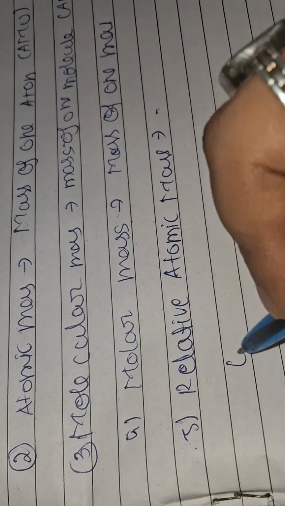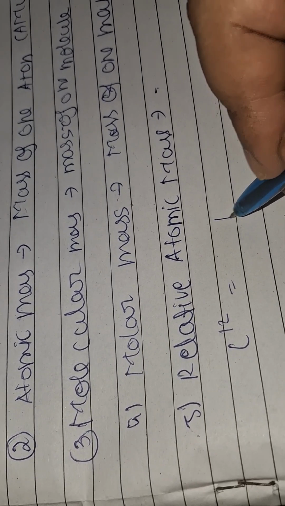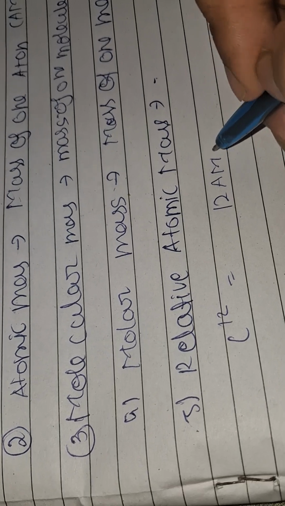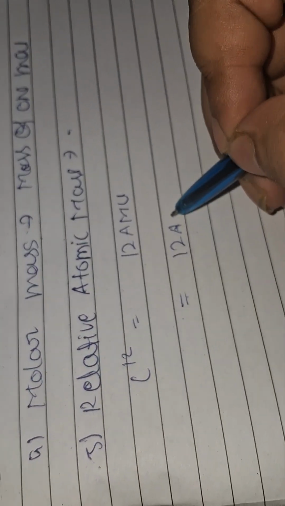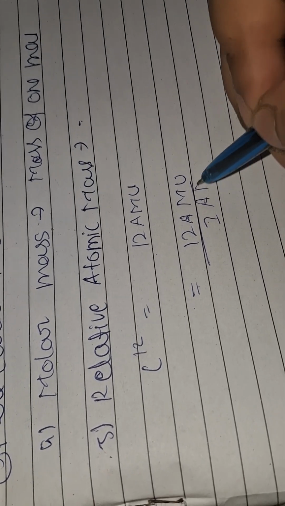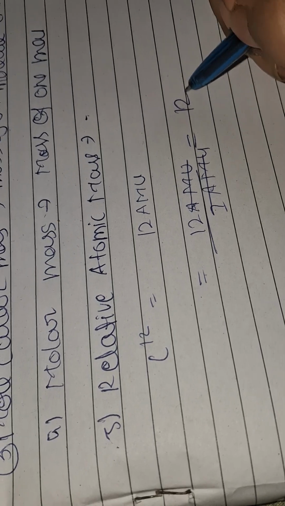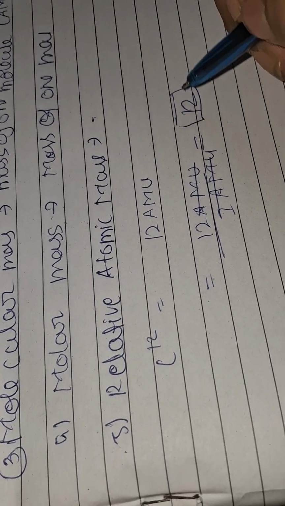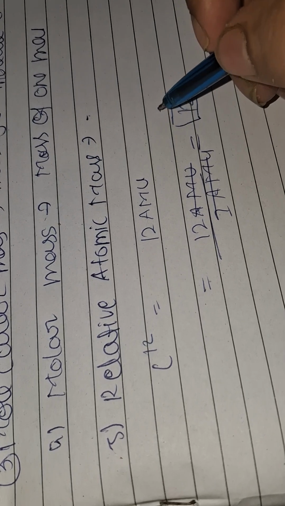So let's say you have a carbon 12 atom, so its mass will be 12 AMU. So the relative mass will be 12 AMU upon 1 AMU. AMU to AMU gone, and that will be 12. So it's just the numerical value of the thing.